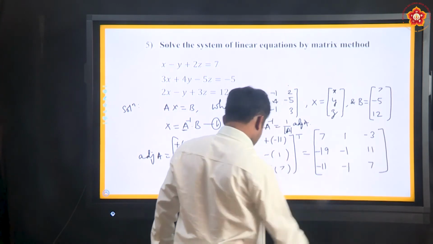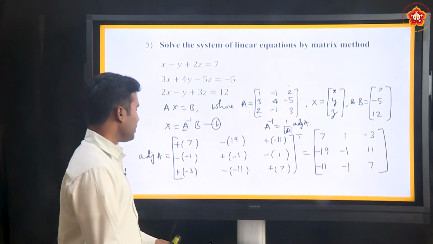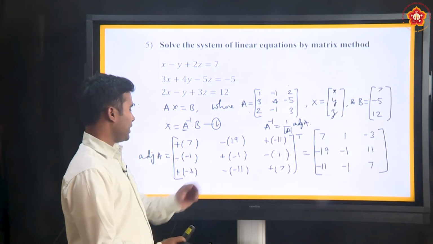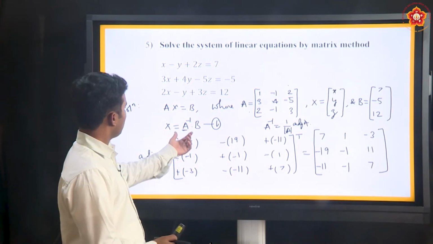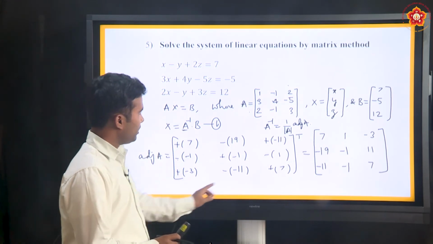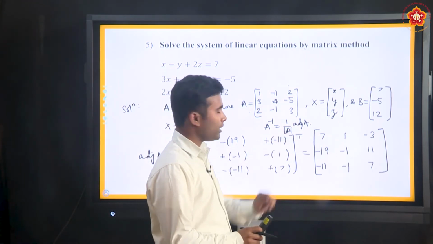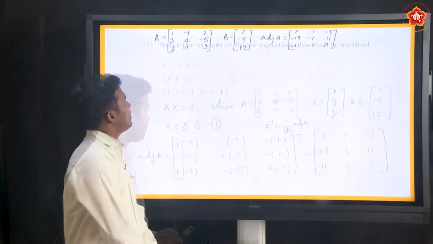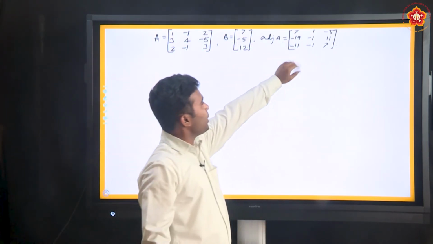This is the adjoint of A. Okay. So, next you can find A inverse. Now, we got the adjoint of A, still we have to find A inverse.